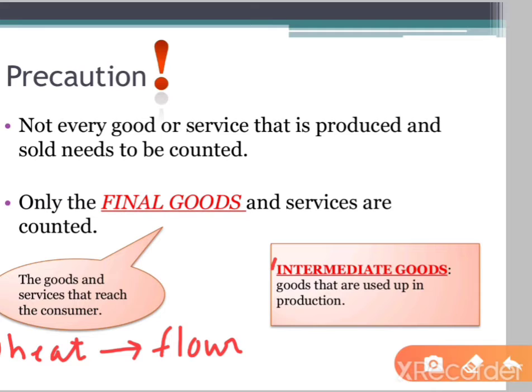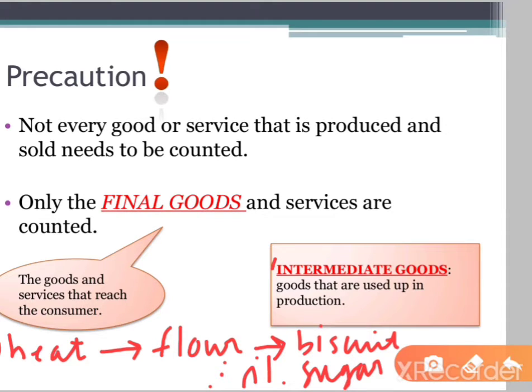And the production of flour by the industry is going to fall under the secondary sector. After producing flour, the mill sells the flour to a biscuit company. And the biscuit company uses oil, sugar and various ingredients and turns the flour into biscuits.